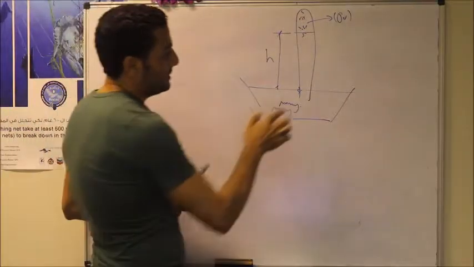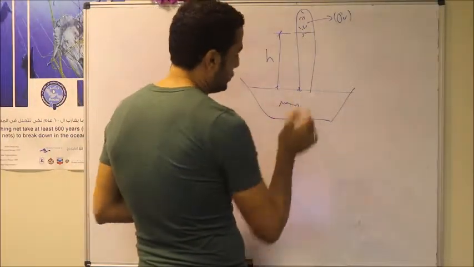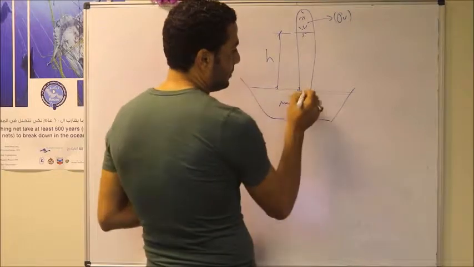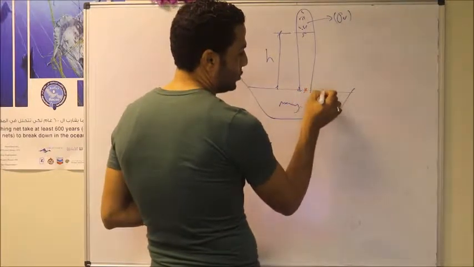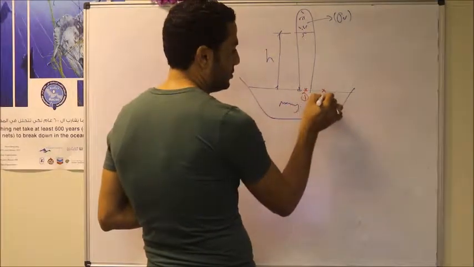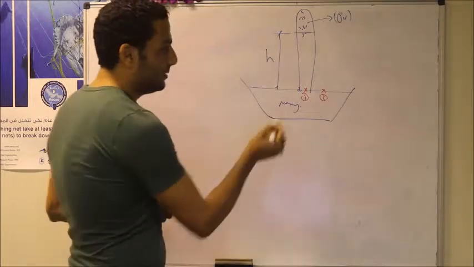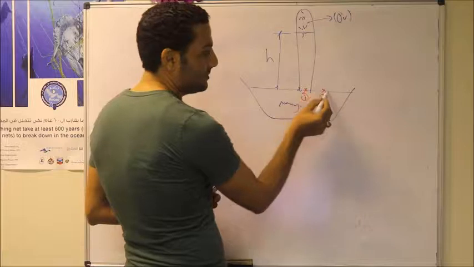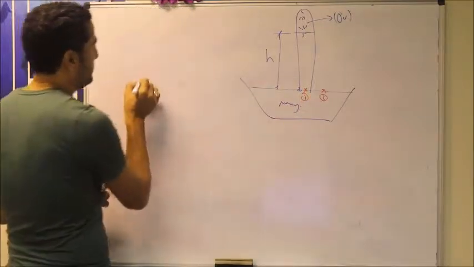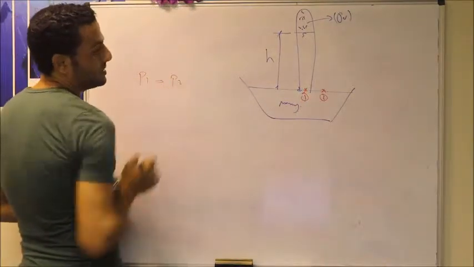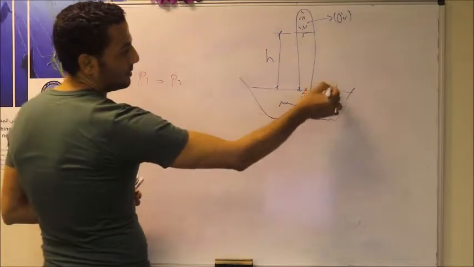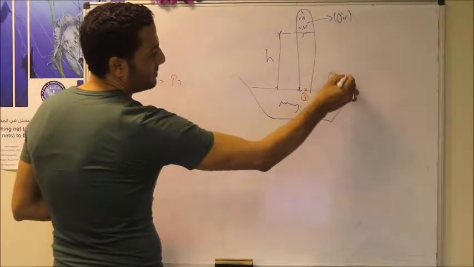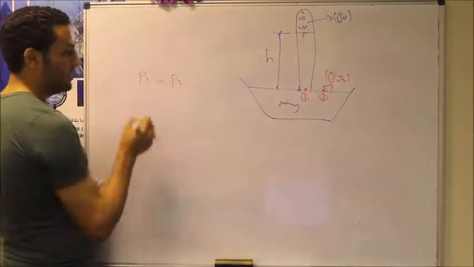If you consider the tube and two points, one point inside the tube and one point outside, point 1 and point 2, we have the same fluid, which is mercury, at the same height. This means the pressure P1 is the same as P2. Pressure P2 is at the surface of the mercury, so it is the atmospheric pressure.